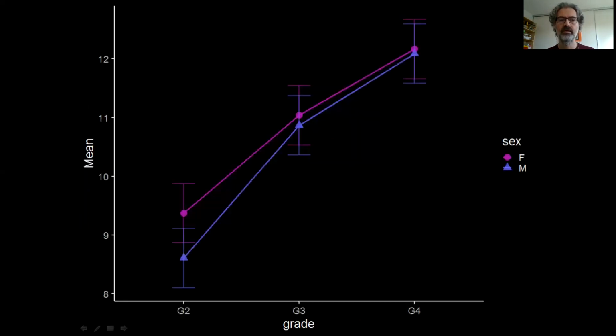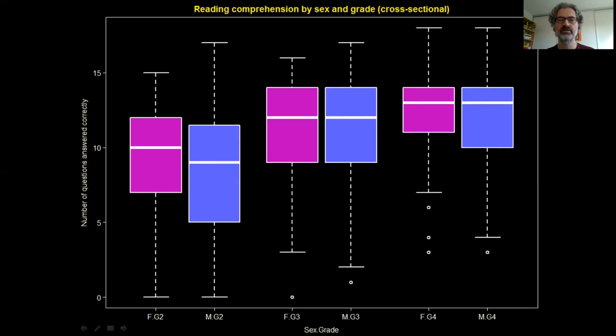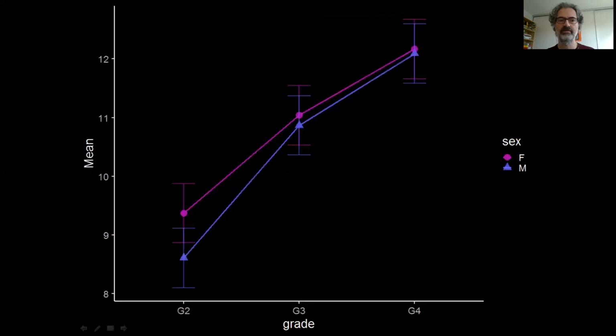However, we usually then turn to graphs like these in which we represent statistics. So this represents the distribution of the data non-parametrically by the quartiles, whereas this kind of graph represents the means typically and some measure of the standard error of the mean, such as a confidence interval or a least significant difference, using an error bar. So these are the means.